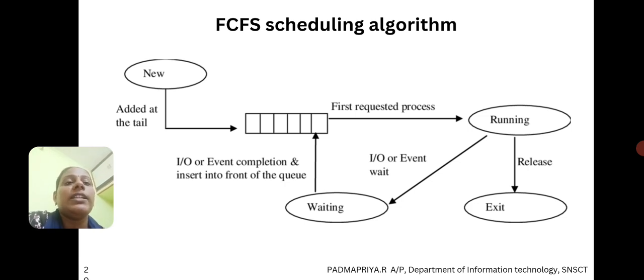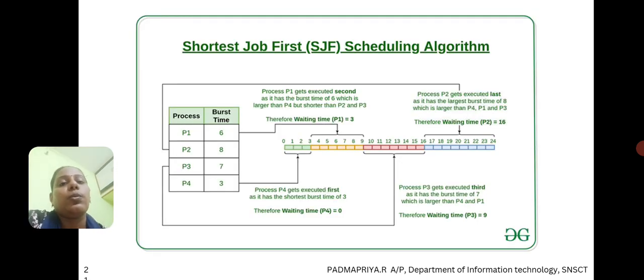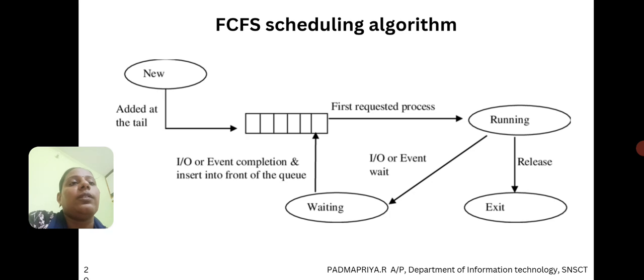Once it moves to the waiting state and wants the CPU, it goes back to the linked list Gantt chart. Once its IO request or event completion is fixed, it again requests the CPU to run that process, and once it is done, it is released. So this is the FCFS scheduling algorithm.